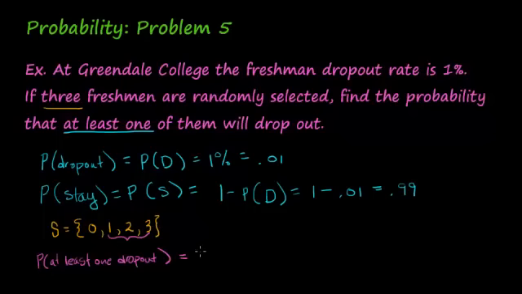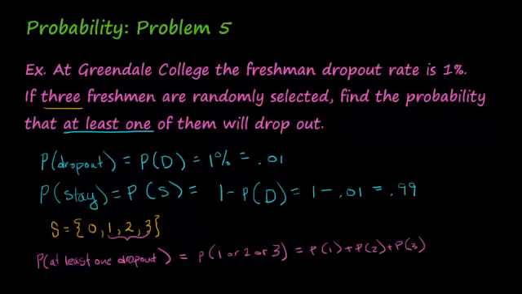So that's the probability that we have 1 dropout or 2 dropouts, or 3. Right? And then we said that was the probability of 1 plus the probability of 2 plus the probability of 3. Because these are disjoint events, there's no overlap, we don't have to worry about subtracting off any double counts.